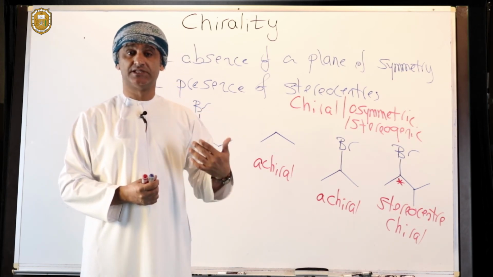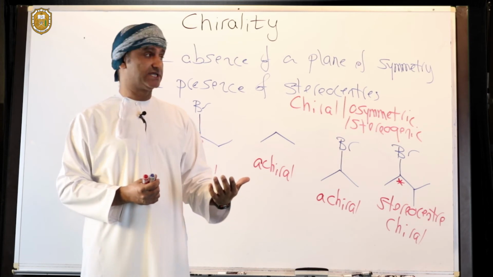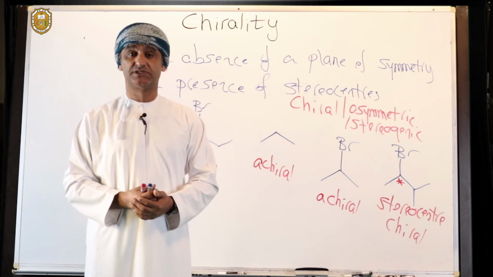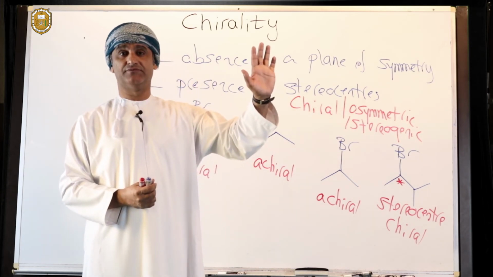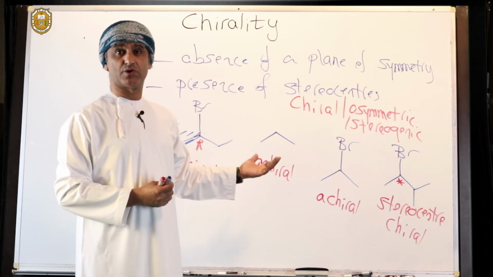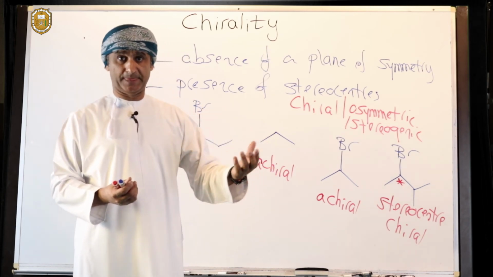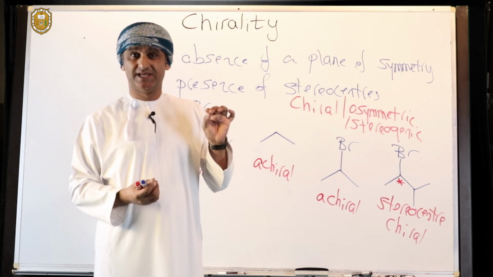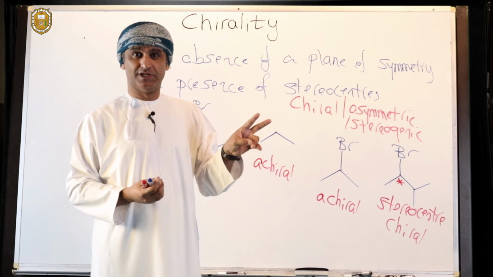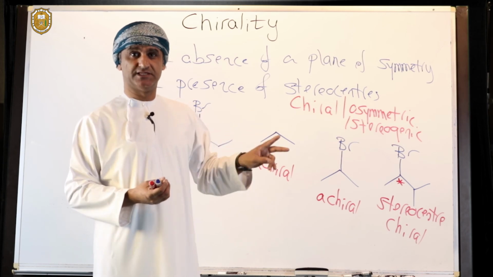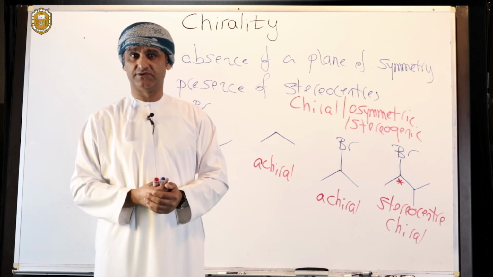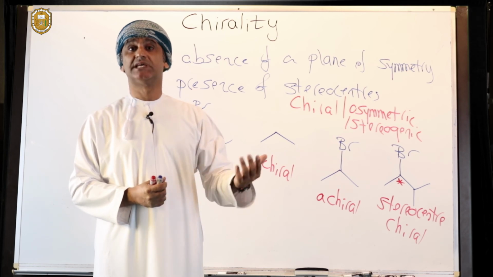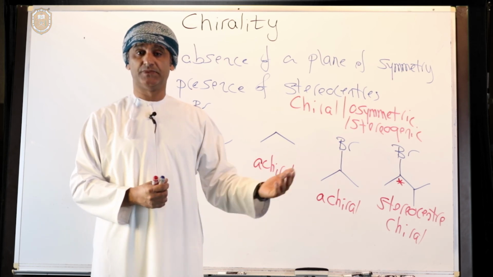But of course, it's not just the presence of stereocenters, it's also absence of a plane of symmetry, exemplified by the human hand, for example. You will see examples later on which have stereocenters, but they are still not chiral. And of course, I'm sure you will probably predict that it is because of the presence of a plane of symmetry. We will take examples like that in due course.